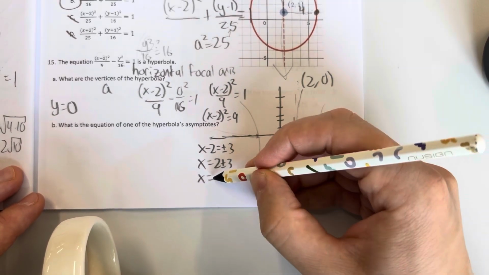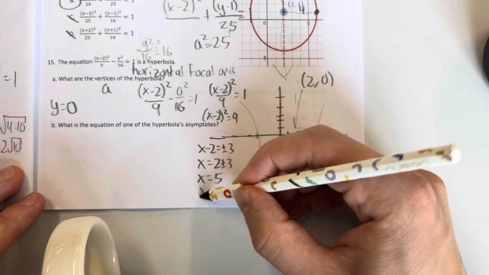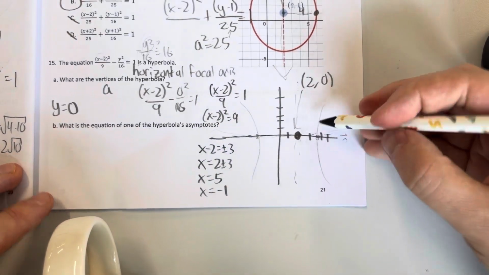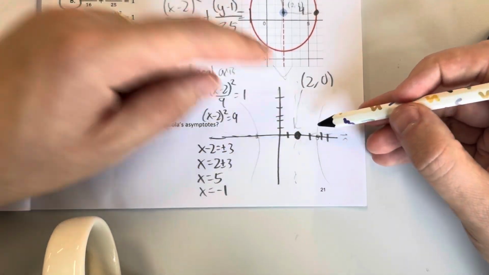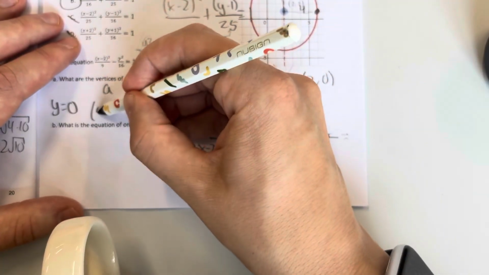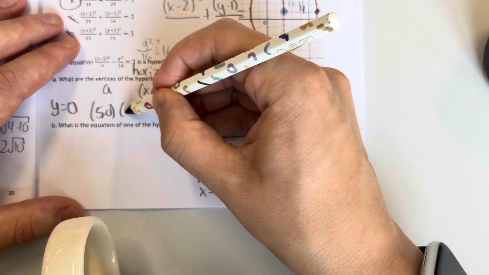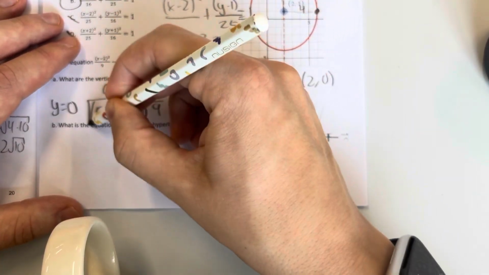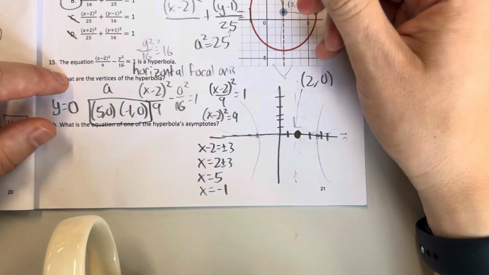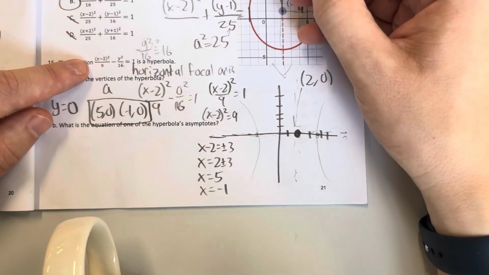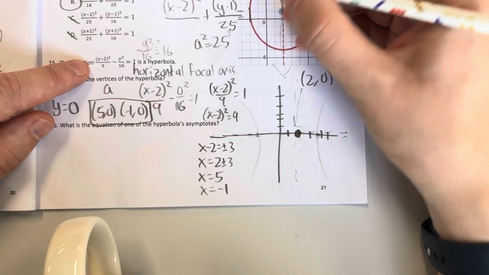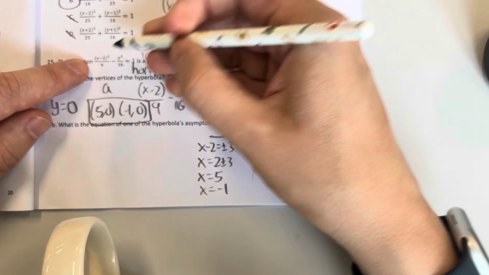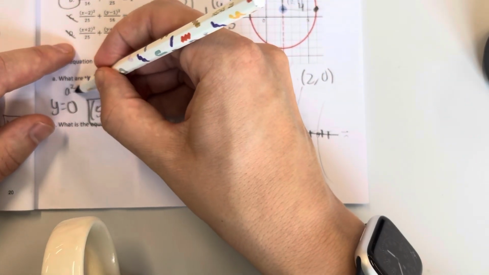x equals 2 plus 3 is 5, or x equals 2 minus 3 is negative 1. So we get 5, 0, or negative 1, 0. And we can verify that by doing it the old-fashioned way, by saying a squared is defined as the positive denominator, so a squared is 9.